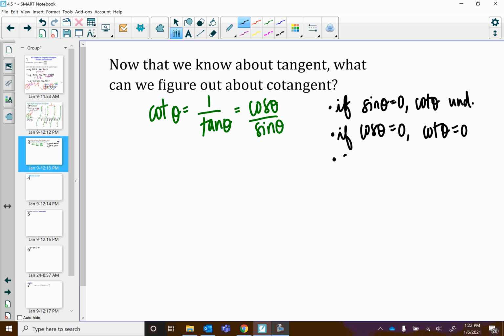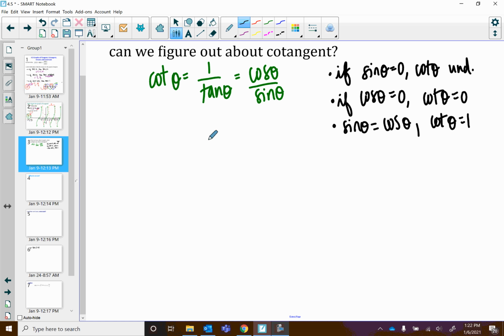And again, if sine is equal to cosine, cotangent will be equal to 1. So let's consider how this is going to look. If you want to pause the video right now and get in your axes, the exact same as tangent, that would be great because I'm going to pause mine, draw that, and then jump back in.